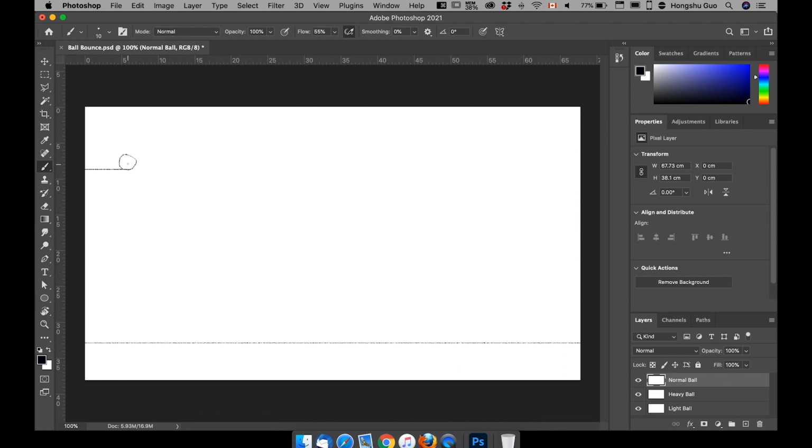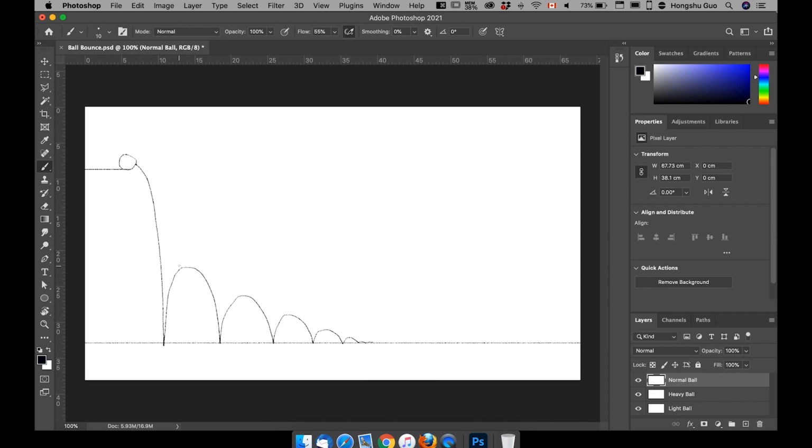If it falls, it's going to fall like this, hit the ground, and bounce one time, and then bounce another time, and then slightly lose some energy, right? Slightly like this, and then just stop on the ground.